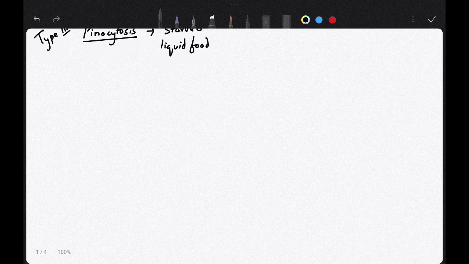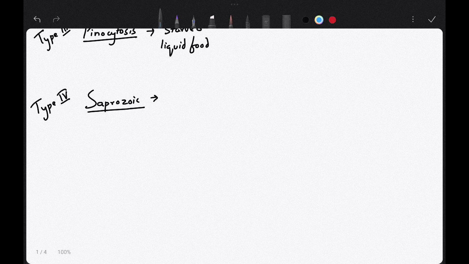So next is type 4, saprozoic nutrition. In saprozoic nutrition, the organism comes in contact with food that is outside.